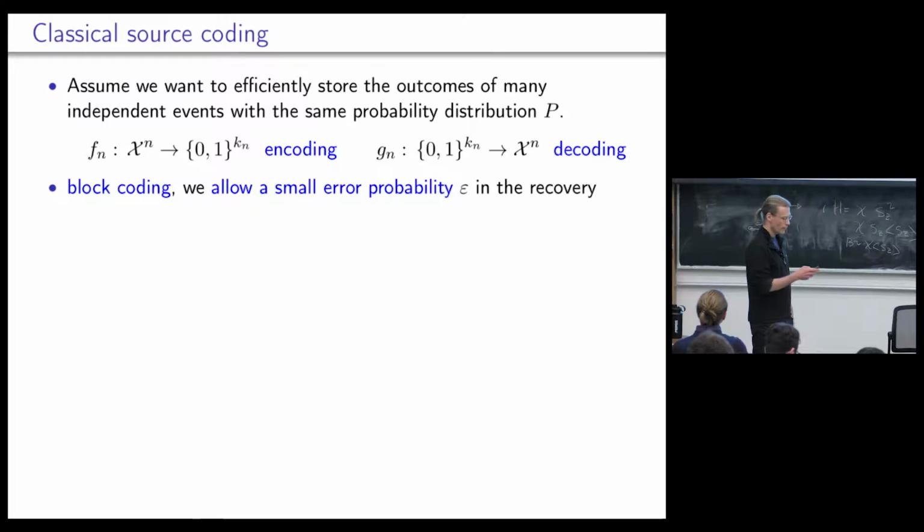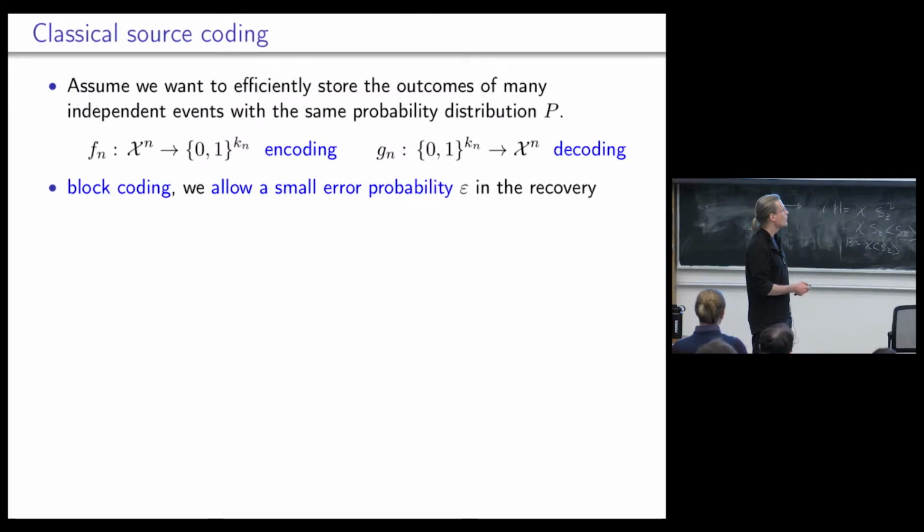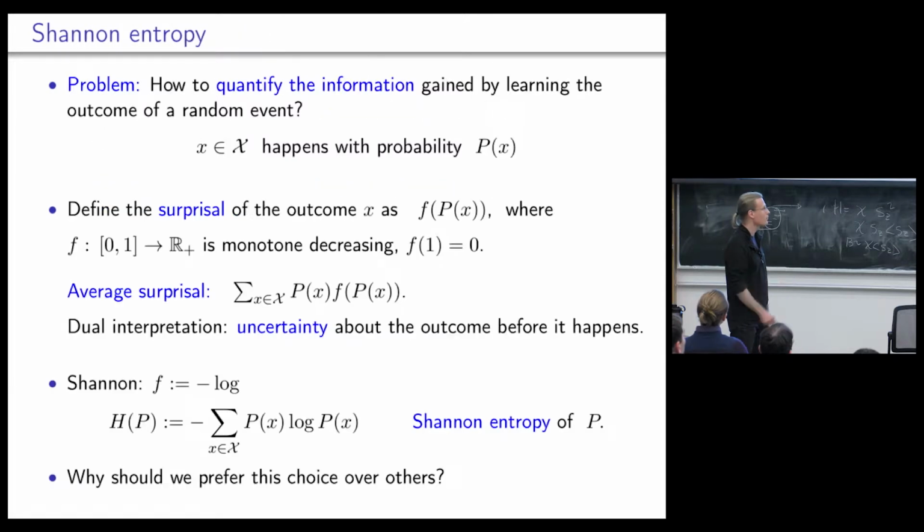Okay. So we take a sequence of n outcomes, and we want to encode it into a sequence of bits of length kn. There are two basic ideas that Shannon introduced: we can use block coding, so we are coding long sequences, and we allow a small error probability epsilon in the recovery.